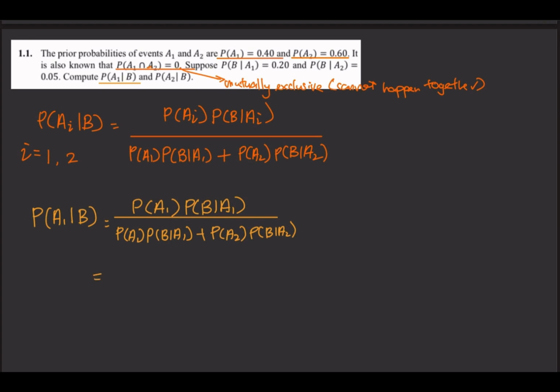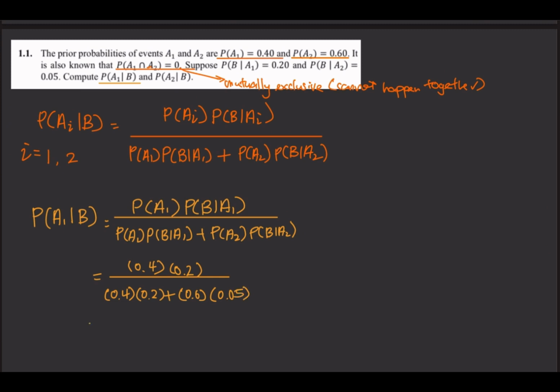So probability of A1 is 0.4 multiplied by probability of B given A1, 0.2, and divided by the probability of A1 multiplied by probability B given A1 plus probability of A2 happening, which is 0.6, multiplied by probability of B given A2 happens, which is 0.05.